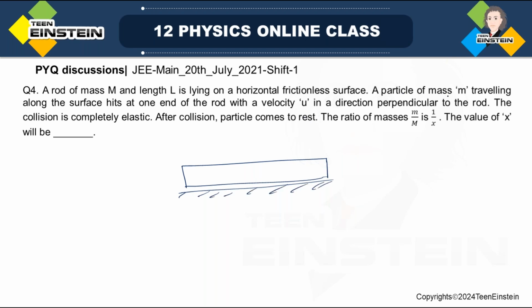A particle of mass small m, traveling along the surface, hits one end of the rod with velocity u in a direction perpendicular to the rod.